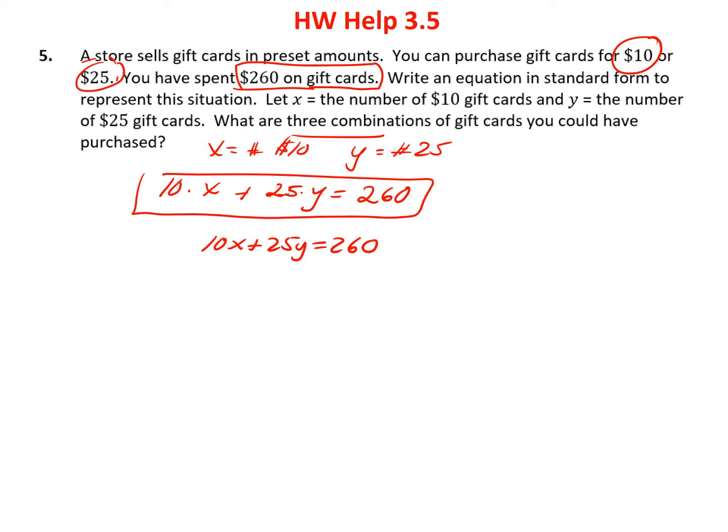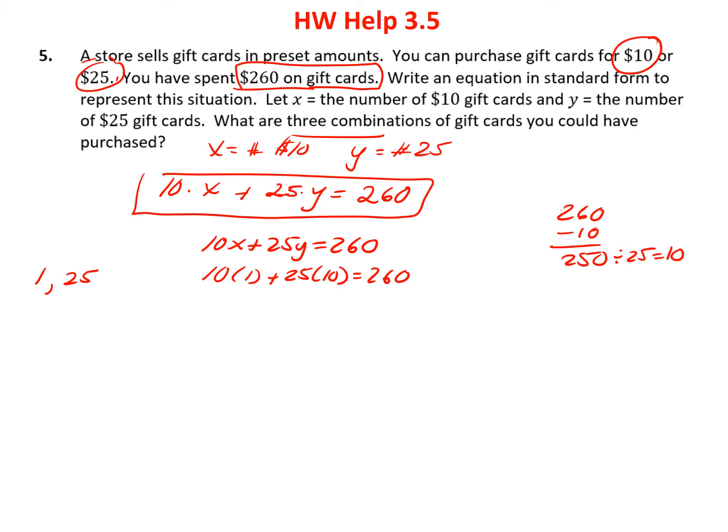So if I have one of these $10 cards, notice that 260 minus 10 is 250, and with 25y, if we divide that by 25, we see that goes in 10. So you can see that 10 plus 25 times 10 is going to equal 260. So one possible combination is one $10 card and 10 $25 cards.